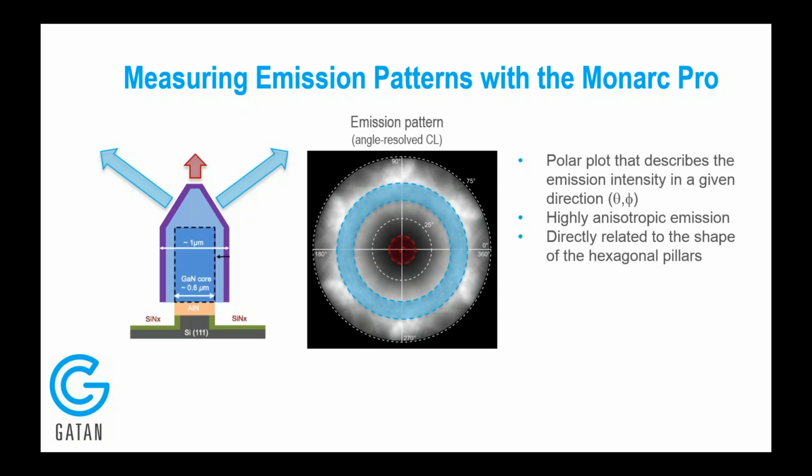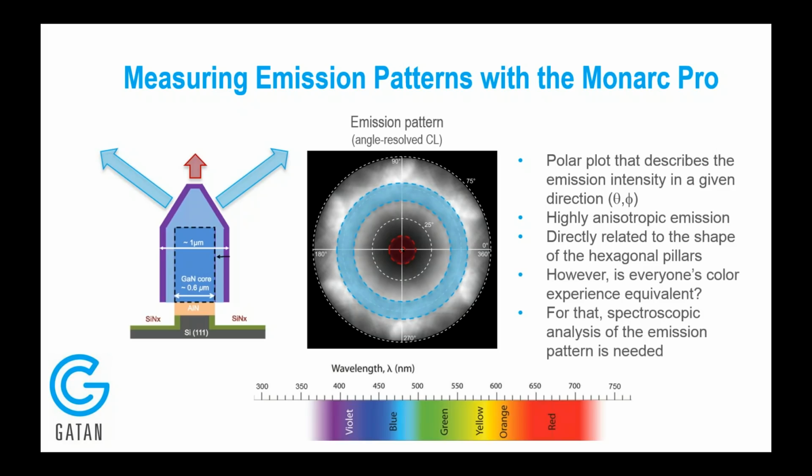We can directly relate the shape and structure of these devices that we've fabricated to their emission pattern, over an array of micro LED pixels, as we've done here, or individual ones. So we can correlate the structure and the spacing to the emission pattern and get a very good understanding of the display.